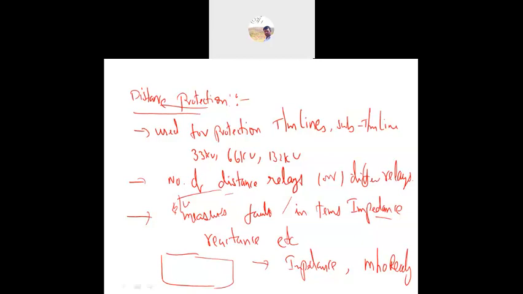In detail, the distance relay, impedance relay, mho relay and reactance relay will be discussed in each chapter.